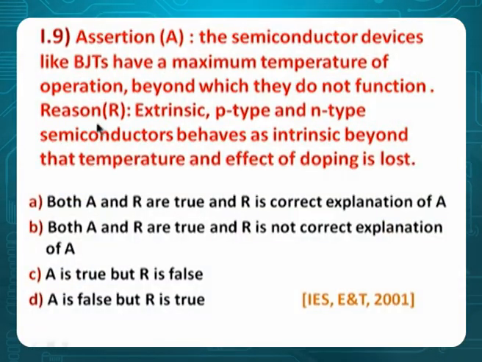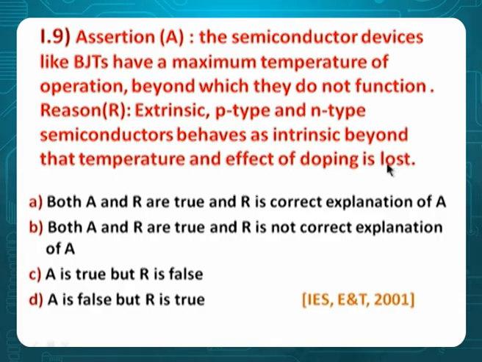Assertion A: Semiconductor devices like BJT have a maximum temperature of operation beyond which they do not function. It is true. Every device has a temperature range beyond which they don't work. Therefore, A is true. Reason R: Extrinsic p-type and n-type semiconductors behave as intrinsic semiconductors at high temperature, and the effect of doping is lost.